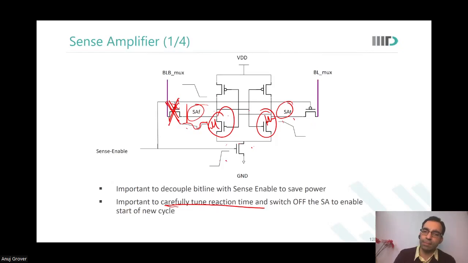When it comes to the sizing of the transistors in this sense amplifier, will we follow the same aspect ratio as we maintain in the memory cell? Which aspect ratio? Sorry, the size of the pull down and the pass gate. Why? What is happening here? Are we reading through the sense amplifier? Is there some data stored inside the sense amplifier that we are trying to read?